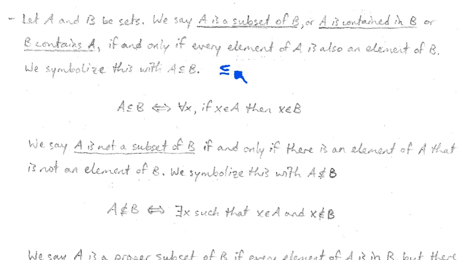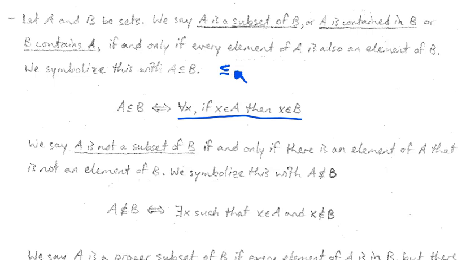Now, if we take the negative of this quantified statement right here, we would come up with the quantified form of saying that A is not a subset of B. So we know that when we take the negative of a quantified statement, the quantifier gets switched to its opposite, and then we take the negative of the statement form that follows the quantifier.